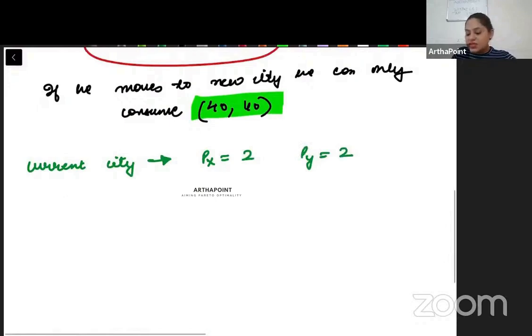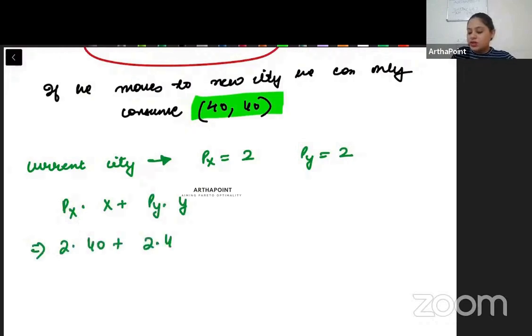So Px into X plus Py into Y will be 2 into 40 plus 2 into 40, which is equivalent to 160. So if he just has 160 rupees, then he can consume the same bundle that he is consuming in the new city using 200 rupees. So he would need 40 rupees less in his current city and he can still consume the new bundle.